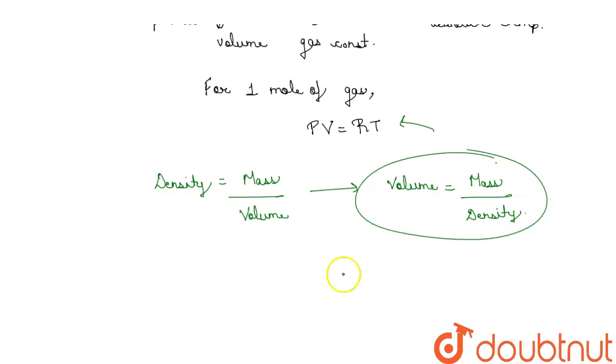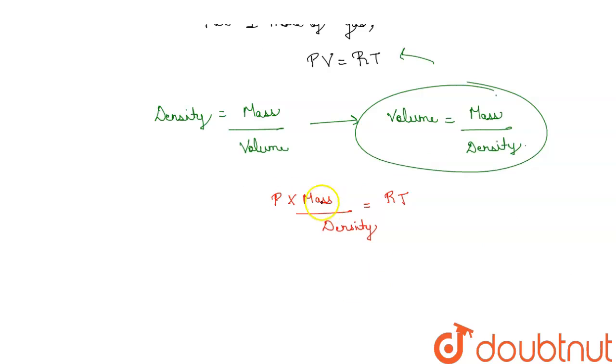Now the ideal gas equation will be P into mass by density is equal to RT. In this expression, the mass is the mass of the mixture of dry air containing only N2 and O2. Now from here, the mass of the mixture will be equal to dRT by P.